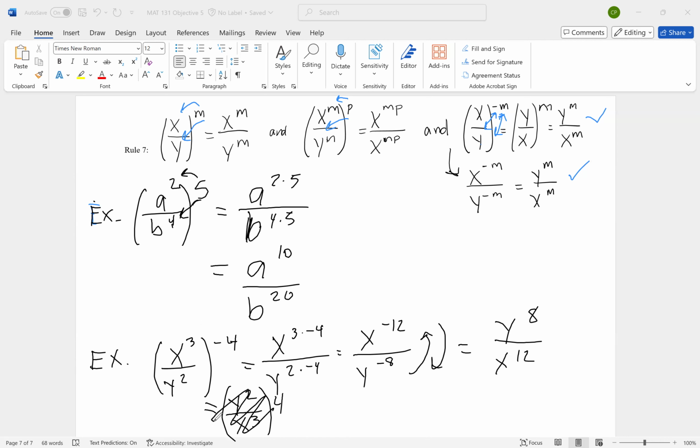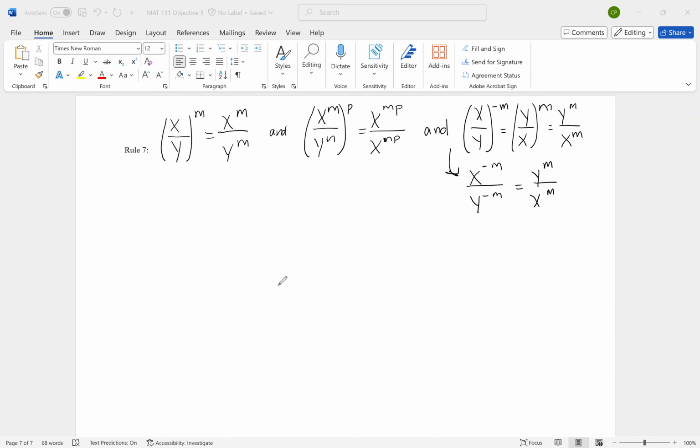Either way, you should get to the correct answer, okay? And these problems can get a little lengthy and a little complicated. And you will have to use probably multiple rules in some of these problems. So let's look at this one.